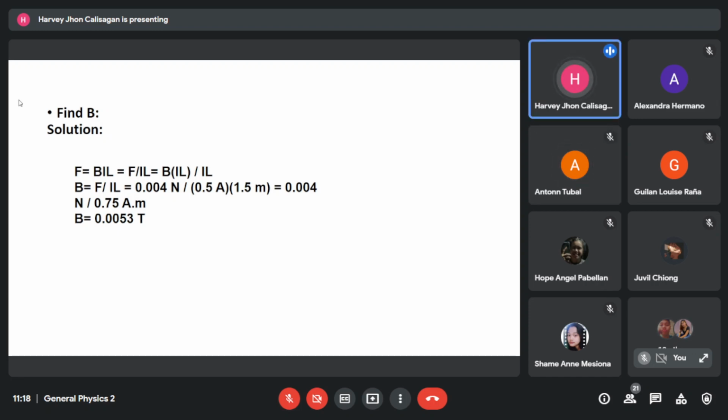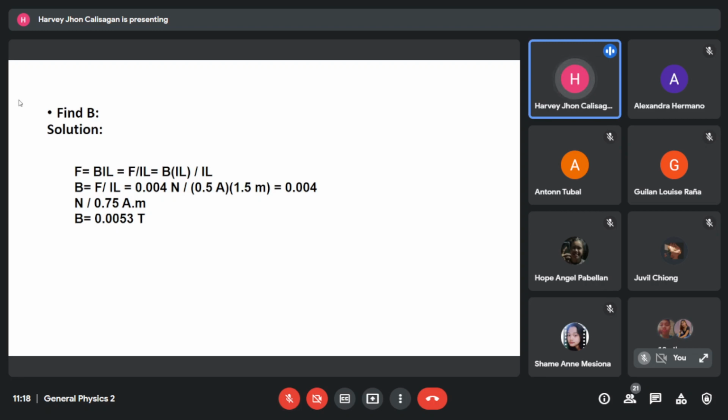So did I make myself clear in calculating for the magnetic field and force? Yes, sir. Okay. Again, all you need to do is to familiarize the given formula. If you know how to derive a formula, class, you can actually understand what the problem set is looking for.